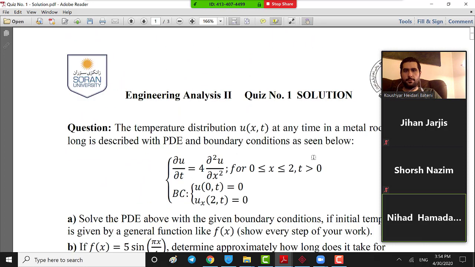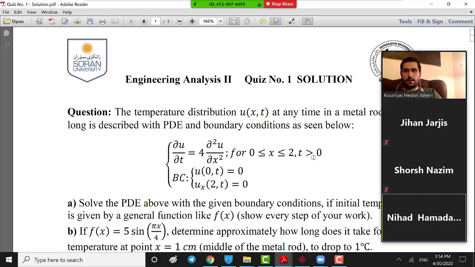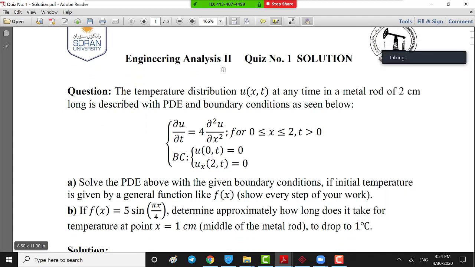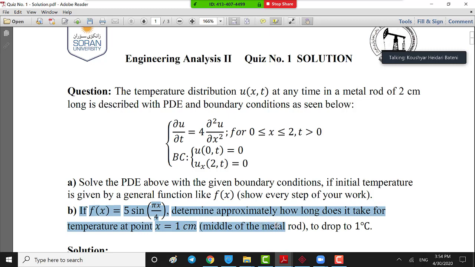It says, if f of x is equal to 5 times sine of pi x over 4, then determine approximately how long it takes for the temperature at point x equal to 1 centimeter, which is the middle of the metal rod, to drop to 1 degree Celsius.